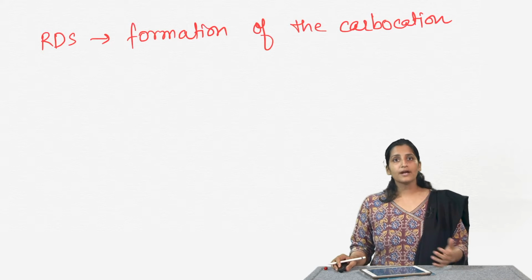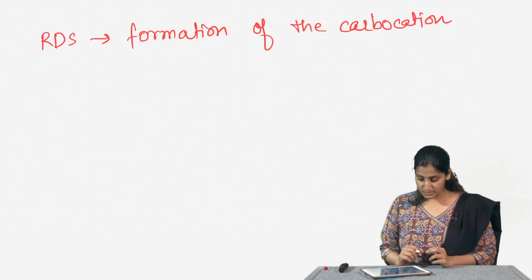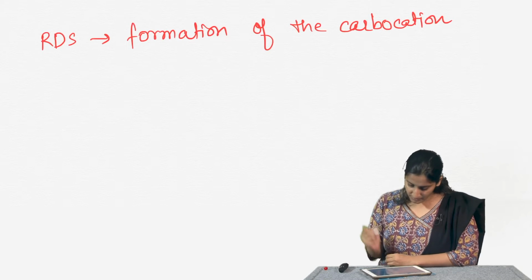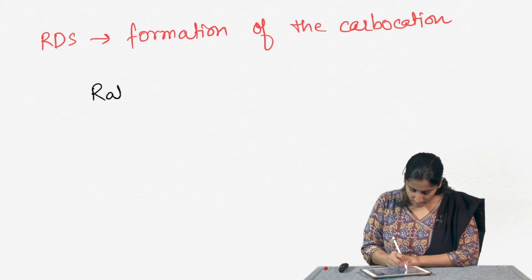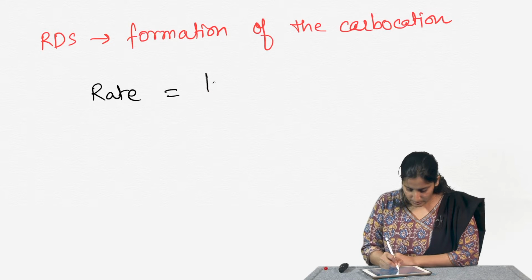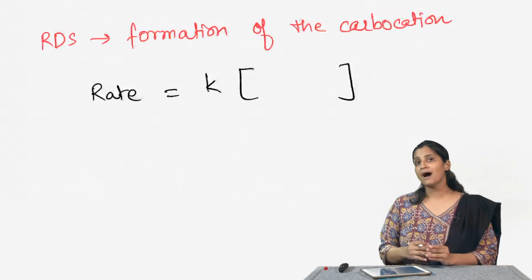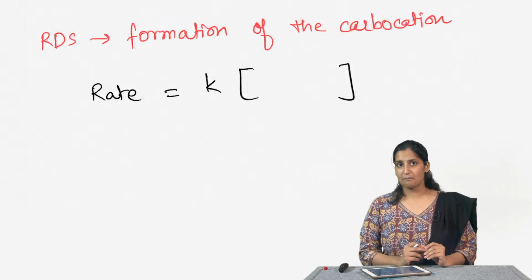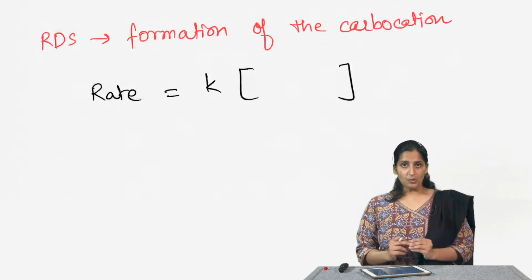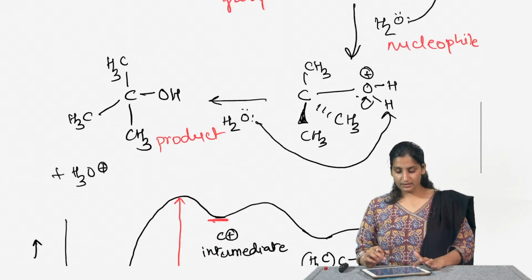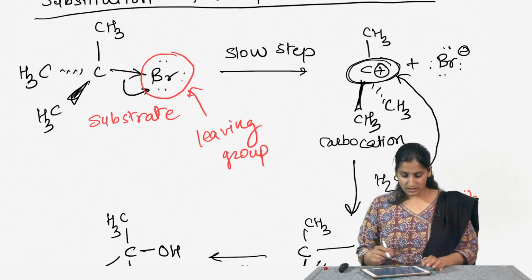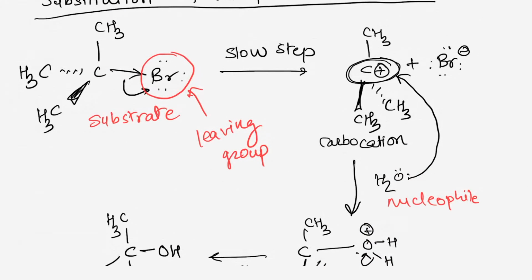So, if I want to write down the rate equation for this particular reaction, I would write it as the rate is equal to some rate constant K into the concentration of the species that are taking part in the rate determining step. Now, the compound that is taking part in the rate determining step, which is the first step or the slow step, is actually the tertiary butyl bromide.